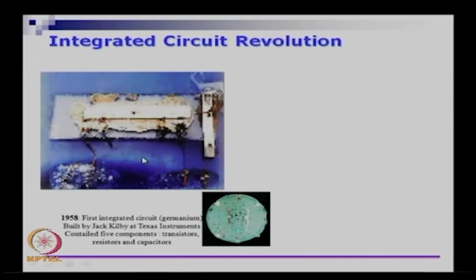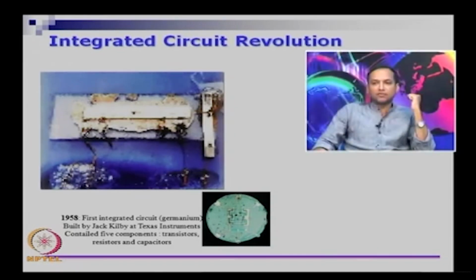So he received the Nobel Prize for designing this integrated circuit. What it had was a few active components and a few passive components, that is all. So active components like transistors and passive components like resistors and capacitors, that is all it was, and this is quite bulky for something very simple.